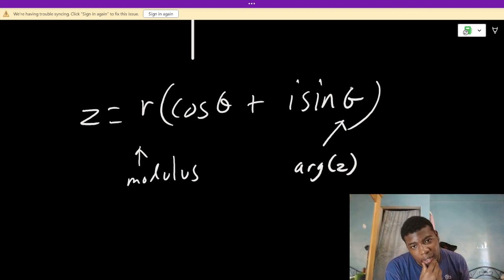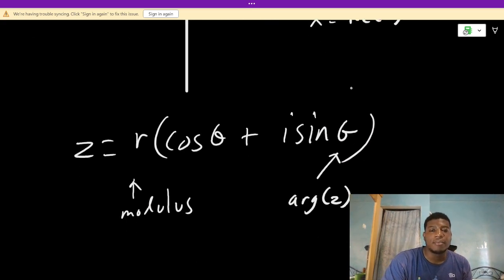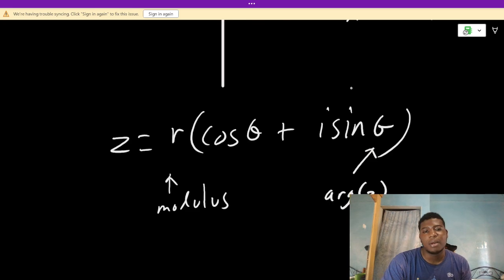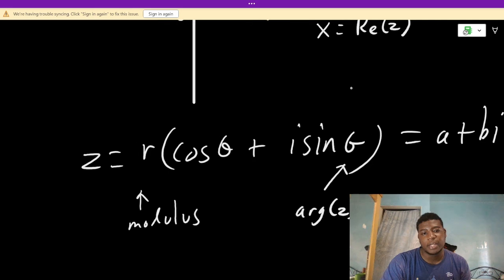So r, the modulus. The reason why they want it in this form, the polar form, which is still equal to the a plus bi form, they're not different.